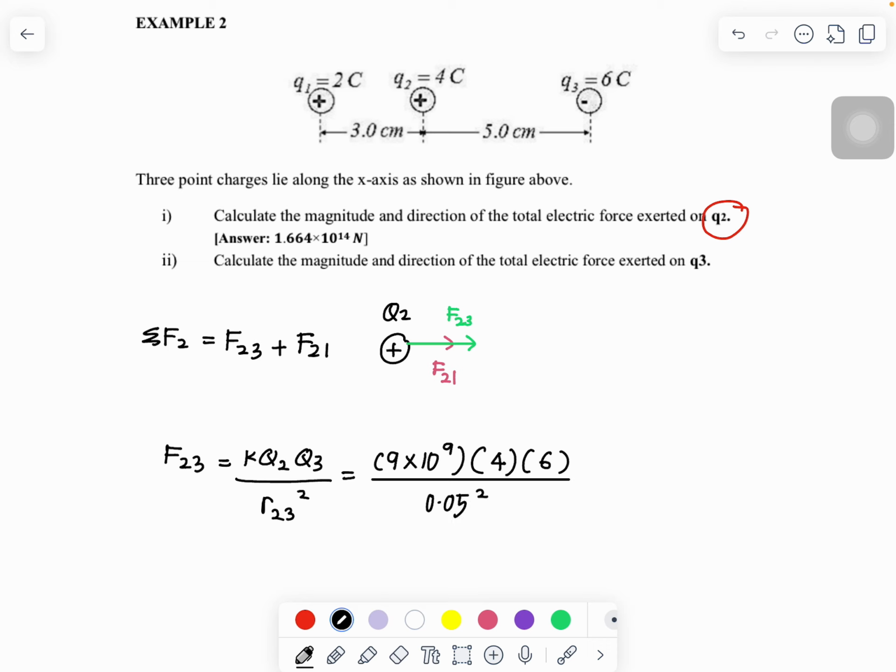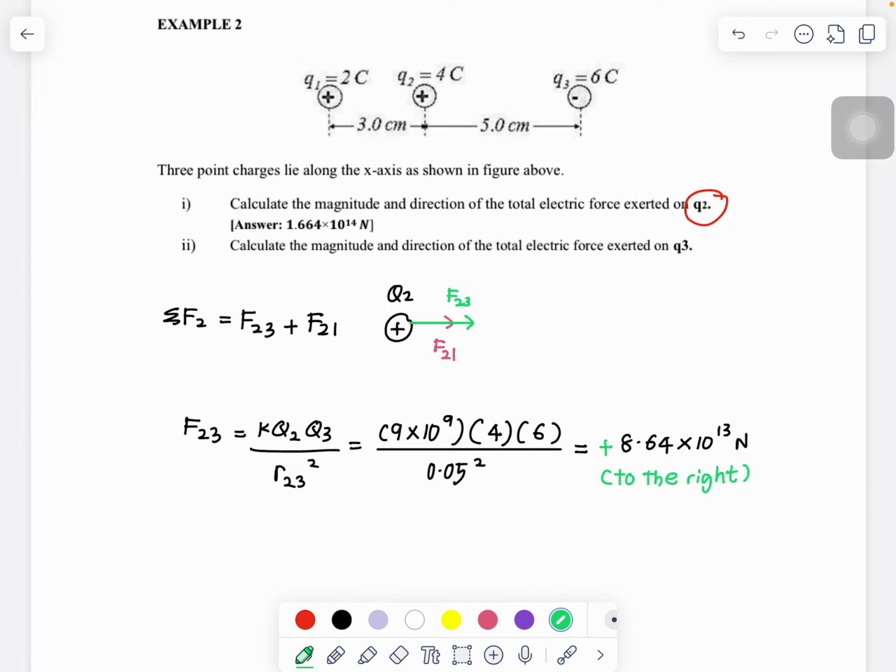So kamu akan dapat, it will be equal to, okay, make sure you tekan calculator to double check my calculation, 0.64 exponent 13 Newton. Okay, so ini adalah value F23, and then jangan lupa masukkan direction. So daripada kita punya lukisan, dia pergi kanan. Okay, so it will be positive and to the right.